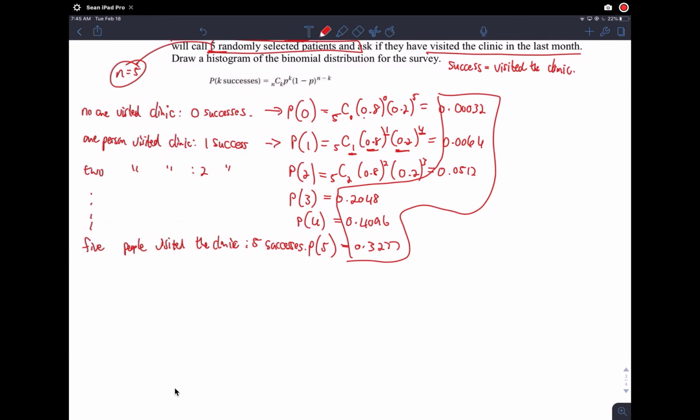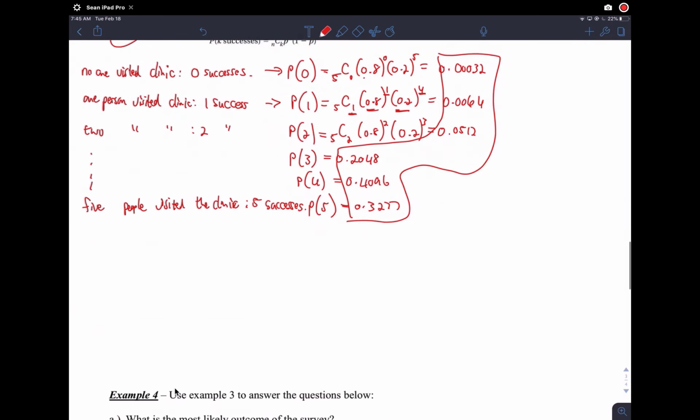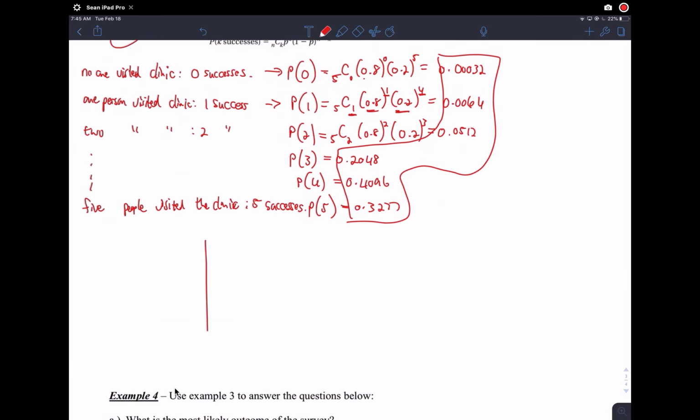Again, the histogram we did before, same idea. The histogram has a vertical axis and a horizontal axis. On the bottom, you put the values that the variable can take on, in this case the number of successes, and then you put the probability of each outcome. So this is x, this is probability of x.